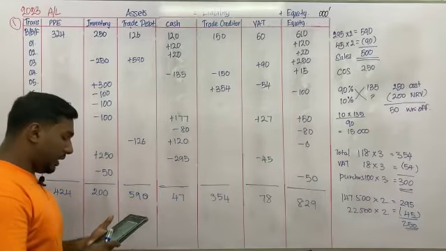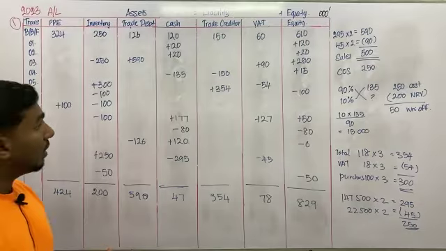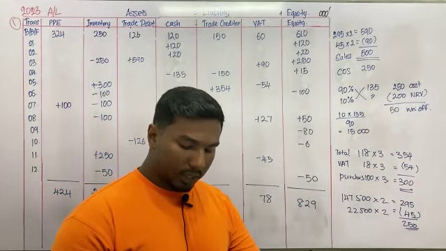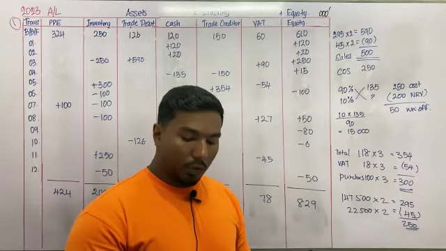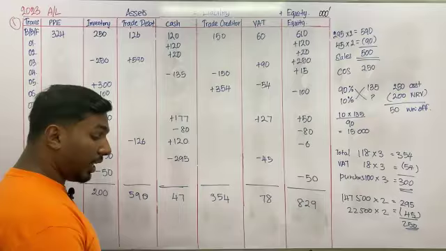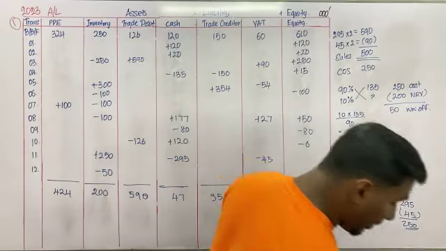These will be the balances. Okay, after that, they are asking for a statement for the computation of gross profit. So let's have that statement also.